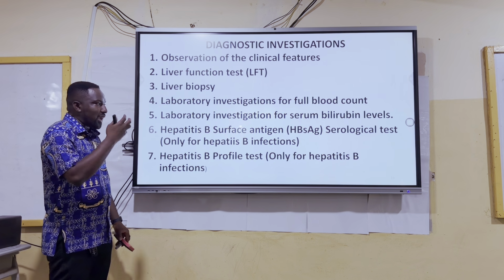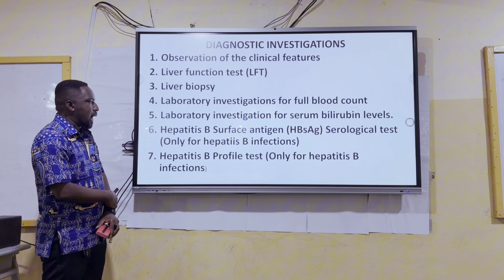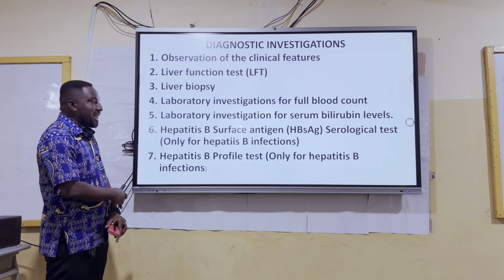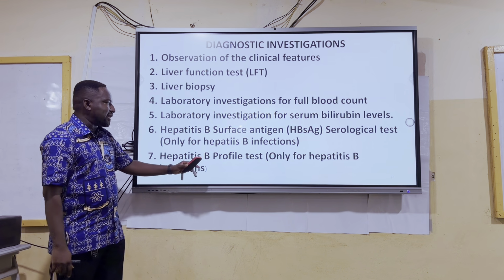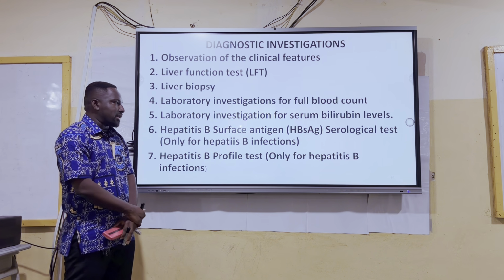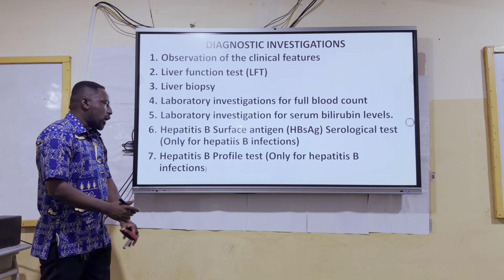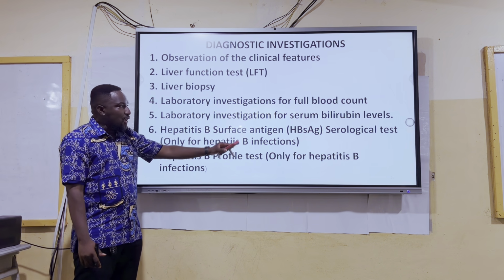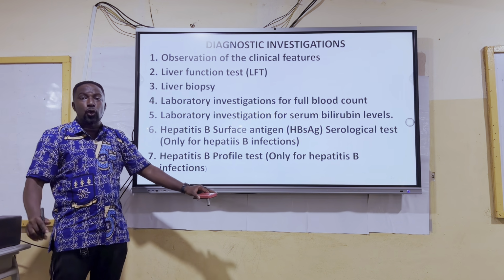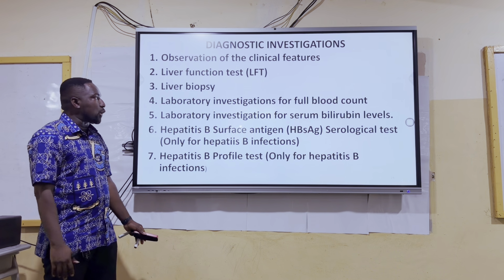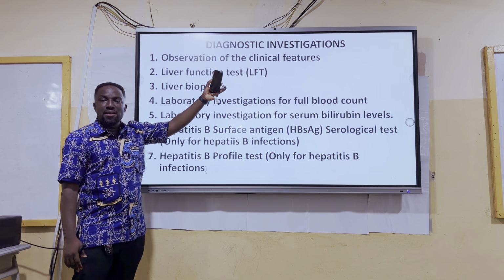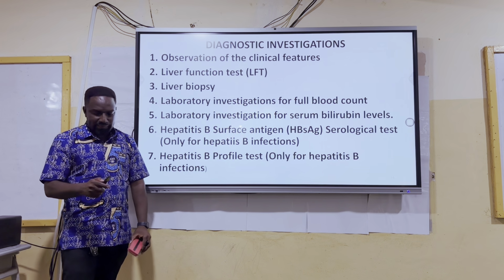So you need to check the bilirubin levels in the blood. And in the case of hepatitis B infections alone, you can do a hepatitis B surface antigen serological test or hepatitis B profile test. The last two diagnostic investigations are only for hepatitis B infection. But for every hepatitis, the commonest one that you can do is the liver function test.